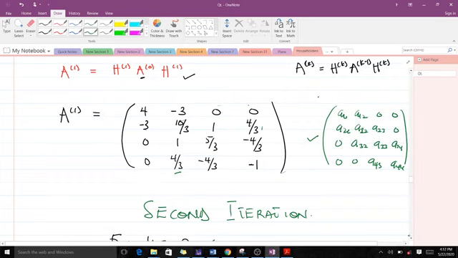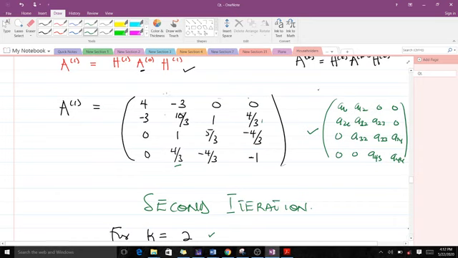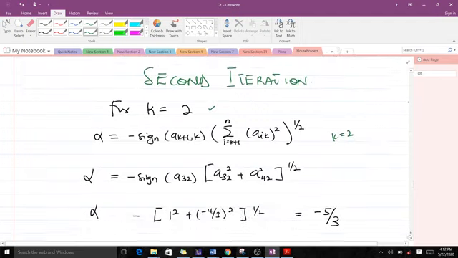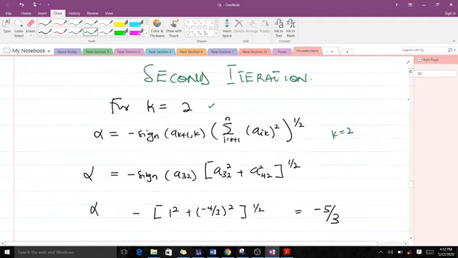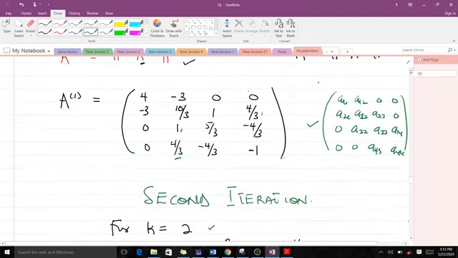So this is our A32 here, which is 1. You can see that's right. And our A42 is 4/3. So you realize that this is 4/3 and negative 4/3. It's supposed to be negative 4/3.